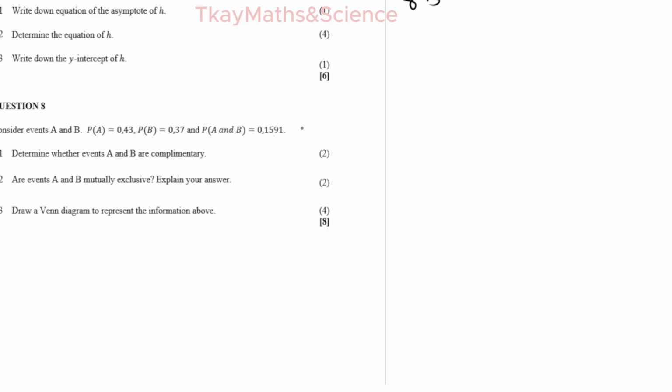Now we're going to calculate the probability of getting A only.